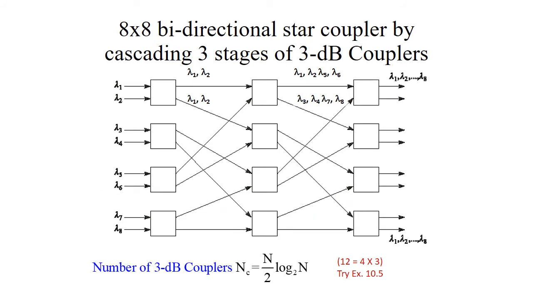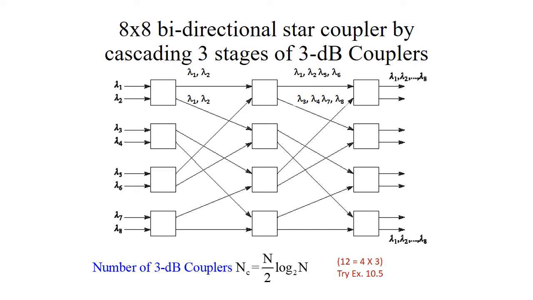The next one is an electroset bidirectional star coupler by cascading 3 stages of 3 decibel couplers. Here the star coupler can also be realized by cascading a number of fused biconical taper couplers. That is, an N cross N coupler can be designed by cascading 2 cross 2 3 decibel couplers, which are also called ladder couplers. The number of output ports N obtained with M stages of ladder coupler using the 4 port star coupler is 2 power M, that is N is equal to 2^M.